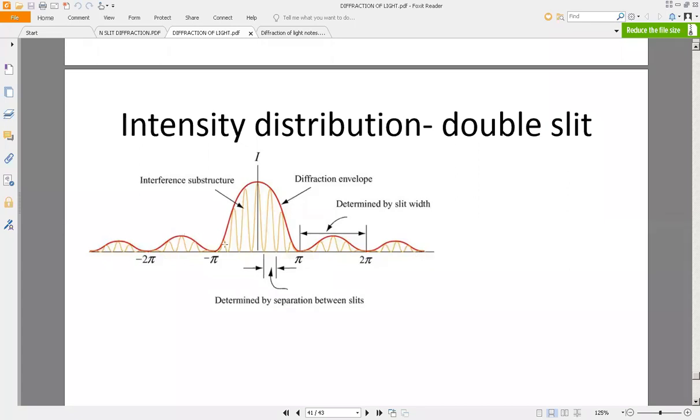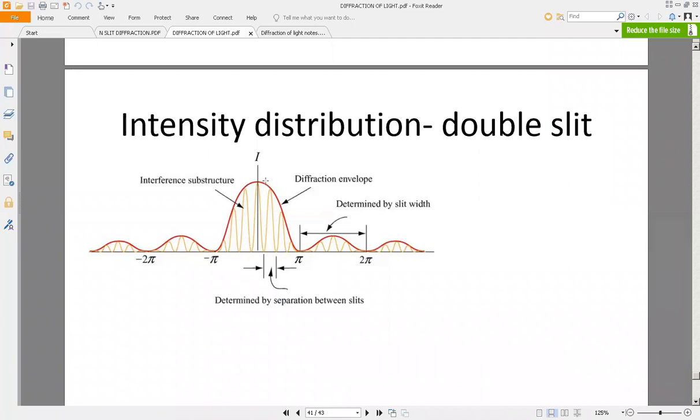So this sin alpha by alpha is the single slit term. And now you can see the orange line in the middle, brown or orange, I don't know, maybe it's brown. These inside peaks are actually because of the double slit. I mean, when you multiply this sin alpha by alpha by cos square beta, that is going to give you this kind of pattern on the screen.